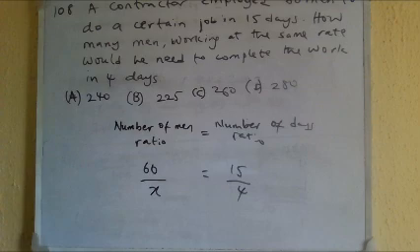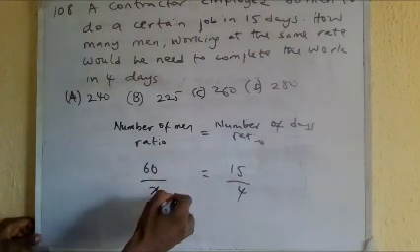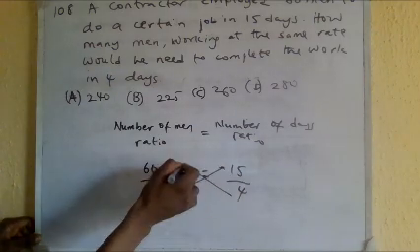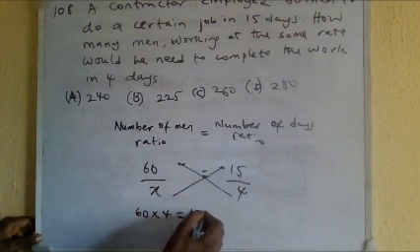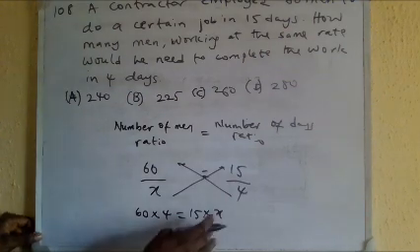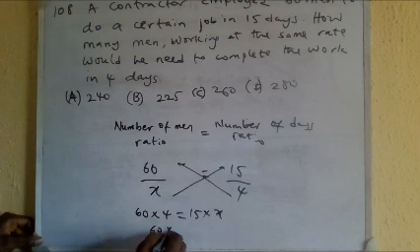Okay, so to make x the subject of the formula, just cross multiply. So I have 60 times 4 is equals to 15 times x. So making x the subject, I have 60 times 4 over 15 is equals to x.